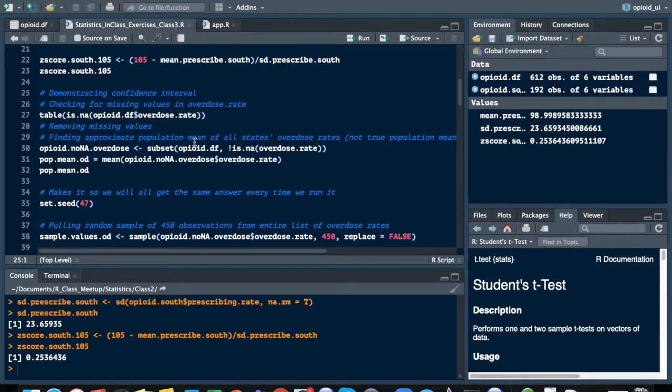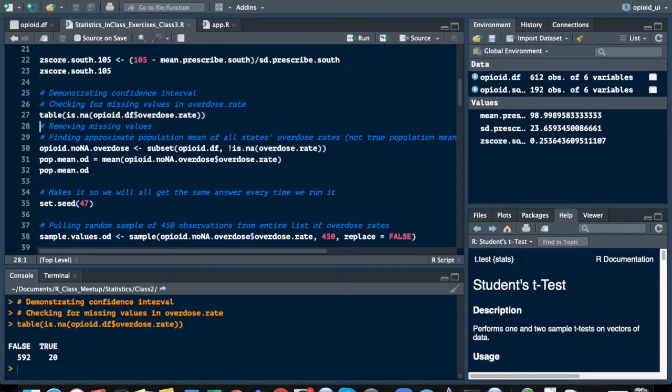Okay, so one of the first things you want to do before you do anything is to check for missing values in your data, because that determines a lot of how you would code things, whether you need to remove the missing data or just account for it in your code. In this case, when we're looking at the overdose rates, there's 20 missing counties.